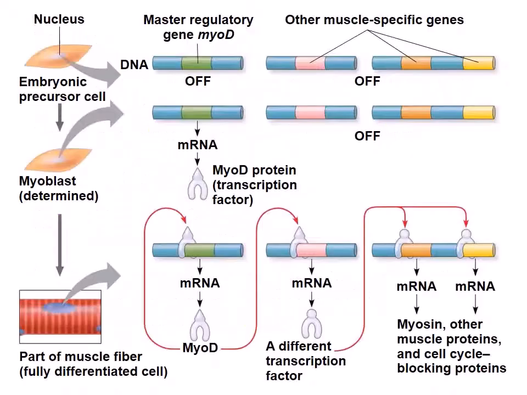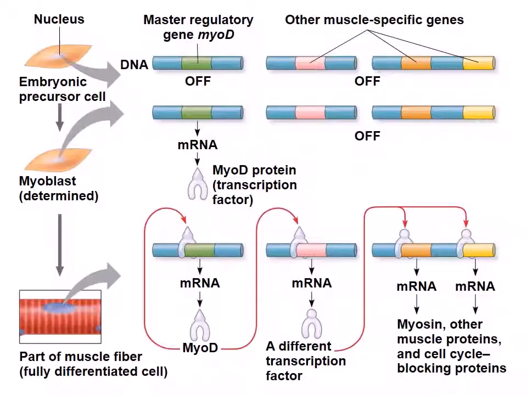So here's an example of determination and differentiation. If we have an embryonic precursor cell and we look at the genes in that cell, the MyoD gene is turned off and other muscle-specific genes are turned off as well. But if we look at a myoblast, which is a determined cell, microscopically it's going to look similar to that embryonic precursor cell.